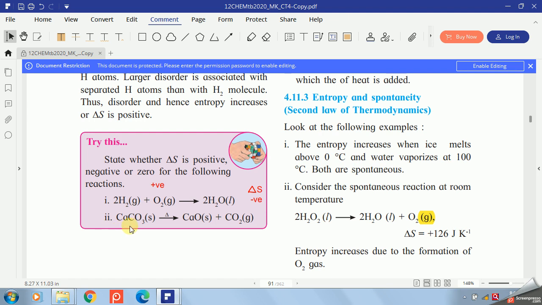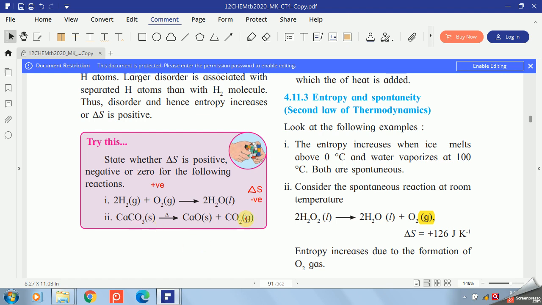In the case of calcium carbonate, which is in solid state, it gets converted to calcium oxide in solid state and carbon dioxide in gas state. Here the reactant is in solid state, and out of the two products, one is in solid state but the other is in gas state.